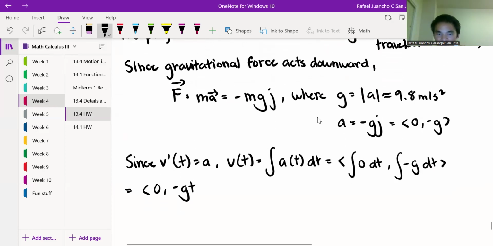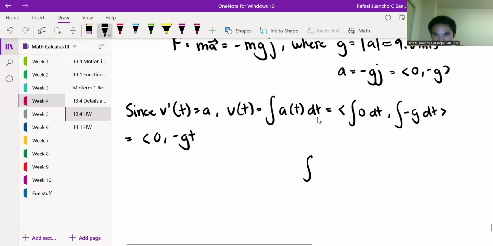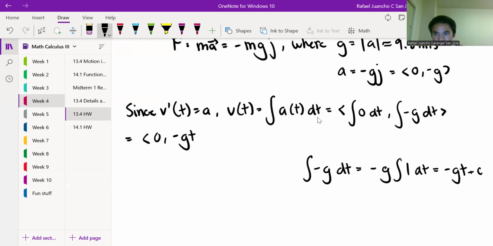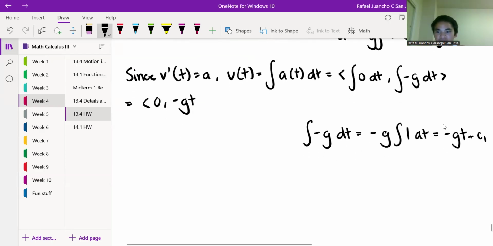But actually, we do know. Because if we integrate this, we put our g out, we make it a t, we get some constant c1, and we plug in where v of 0 is actually my initial velocity.